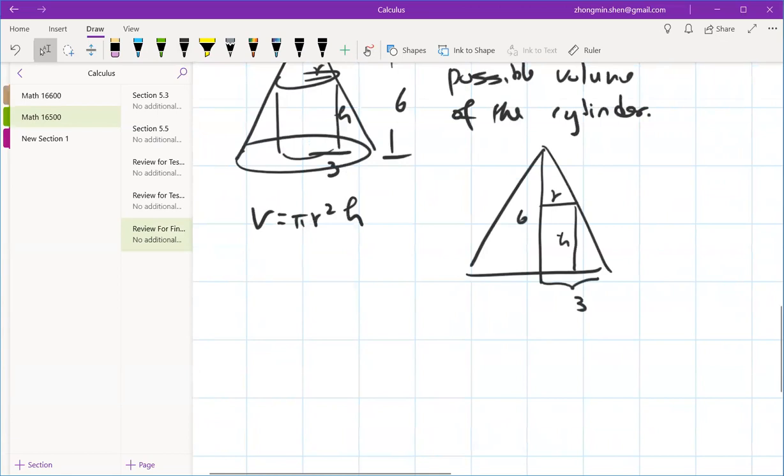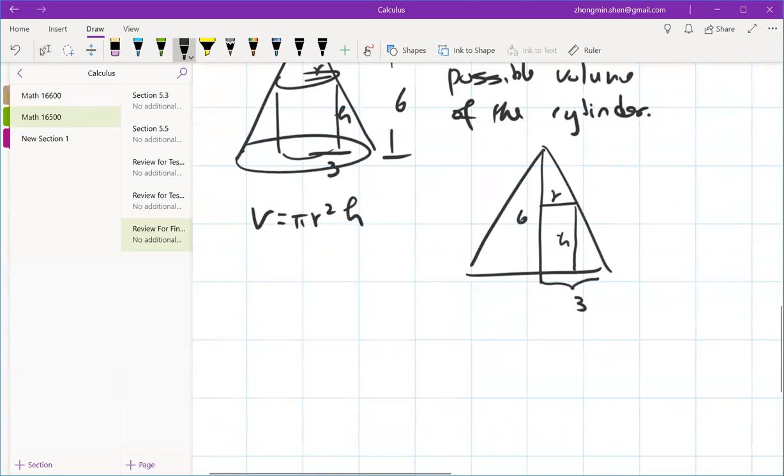There are many problems about related rates, about optimization problems that involve triangles. Maybe you have to use similarity. So h and r are not arbitrary; they're related because they're sitting in this triangle. So you have to find the relation between h and r.